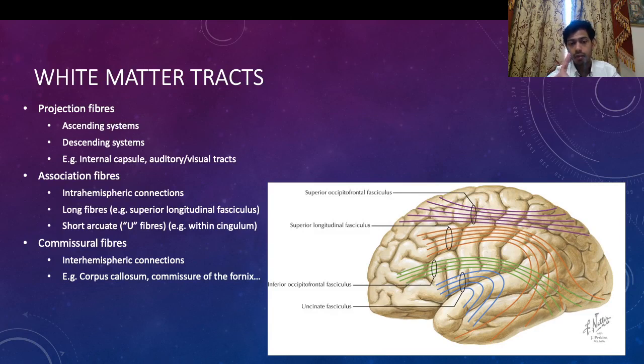We know that the postcentral gyrus is responsible for somatosensory function. And then, like I said, as you get older, you don't need to know the exact areas for everything, but you need to know that the occipital lobe in general is for the visual cortex, and the temporal lobe is for the auditory system.